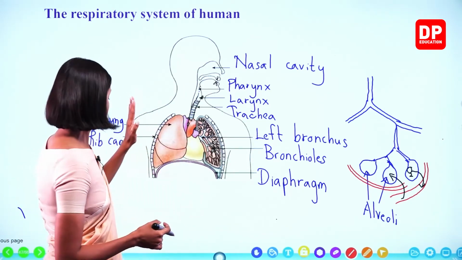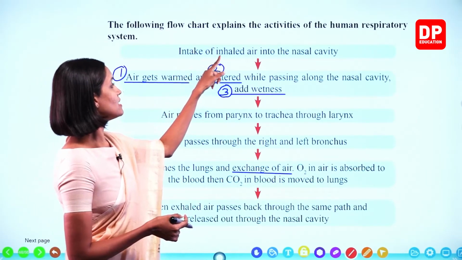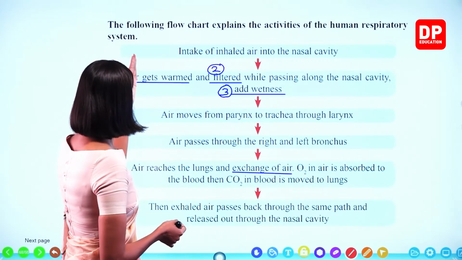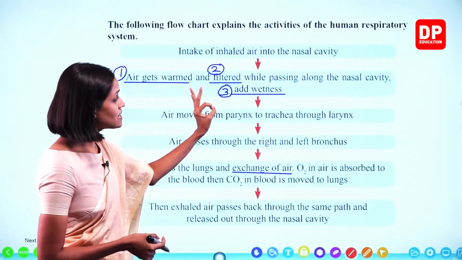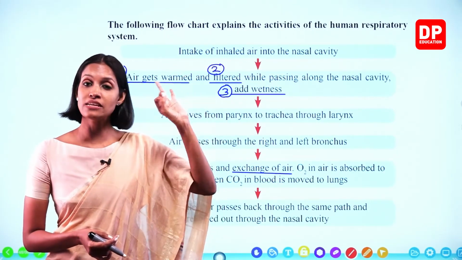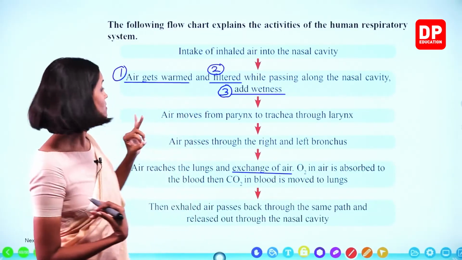Right, children? Okay, we'll go through this again. Intake of inhaled air into the nasal cavity. Then air gets warmed and filtered while passing along the nasal cavity, and wetness is added. The three changes take place in the inhaled air in the nasal cavity. Right?